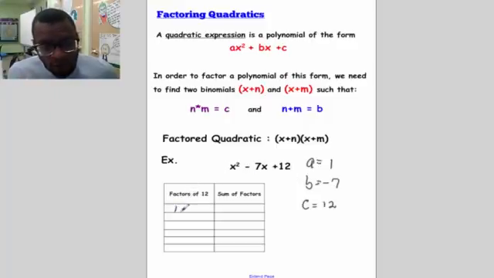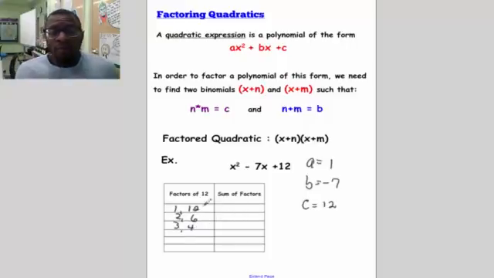So we have 1 and 12, 2 and 6, 3 and 4. Now, notice that in this table that I've created, we have 6 rows. I've put all of the positive factor pairs in the first 3 rows. Remember, whenever we need a positive number, we can take a positive times another positive number, or a negative times a negative.